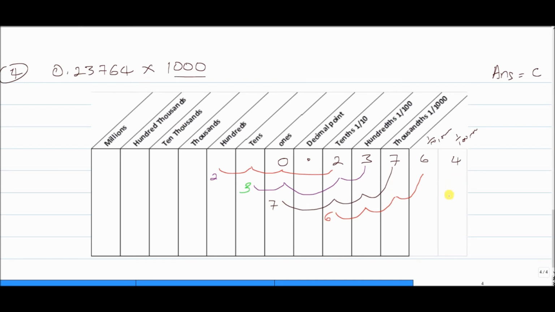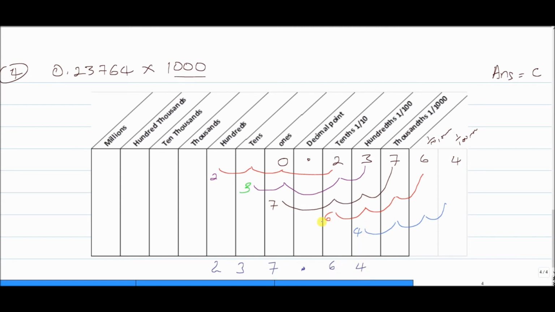Our 4 will move 1, 2, and 3. So this is where our 4 will be. So let's rewrite that and see what it will look like. 2 hundreds, 3 tens, 7 ones, maintain our decimal point. We have 6 tenths and 4 hundredths.